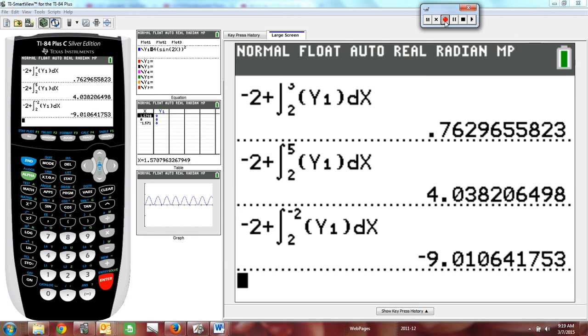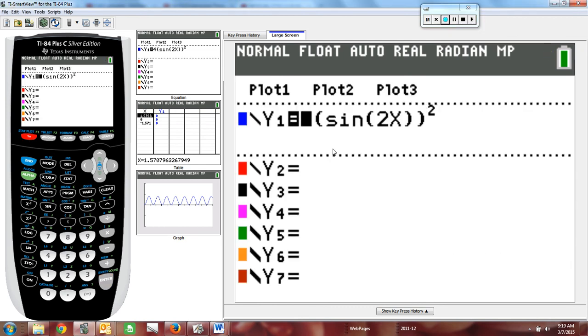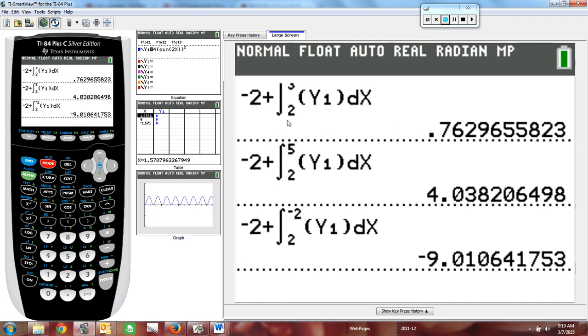Okay, so coming back in and just taking a look at the values that you would get, notice basically what I did is in my y equals, I typed in the function that I was given as the integrand, and then I went to the home screen and I typed where I was, and then 2 to 3, 2 to 5, 2 to negative 2. So that gives me these values that we're looking at.